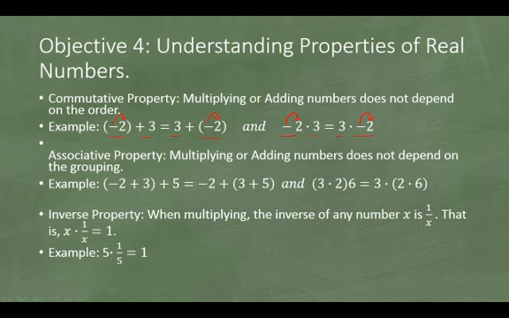The associative property says that multiplying or adding numbers does not depend on the grouping. So it doesn't matter how we group negative 2 plus 3 plus 5. But again, you want to keep this sign with its number. This should say negative 2 plus 3 plus 5.